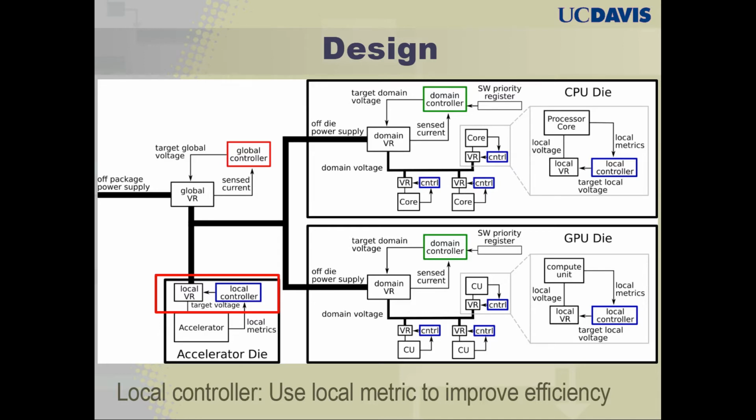If something is operating at its peak capability, I really want it to go as fast as possible, and that's what the design does. And if it's operating lower, then it can go slower. The reason this is right down at each component is that these metrics are inherent to the component. So for a core, it might be IPC. For an accelerator, it might be an input FIFO occupancy. There's a lot of options here.